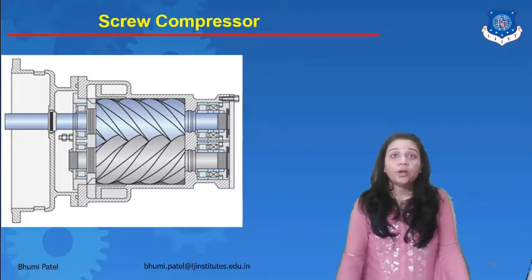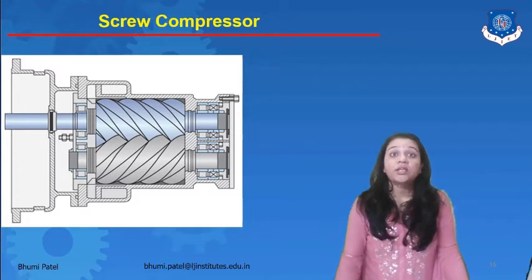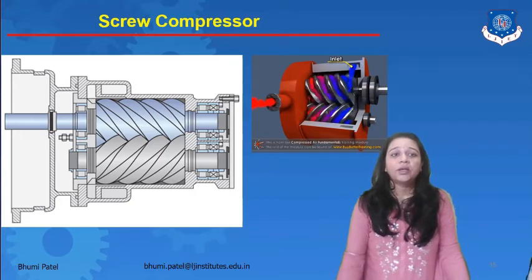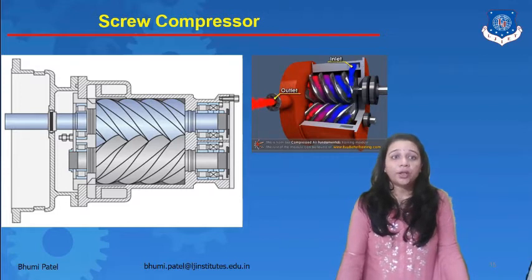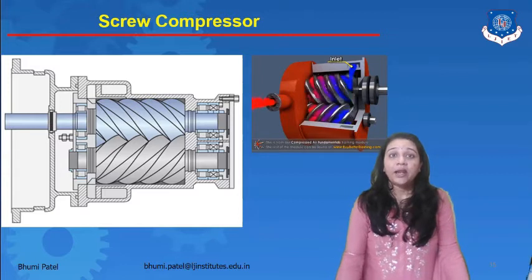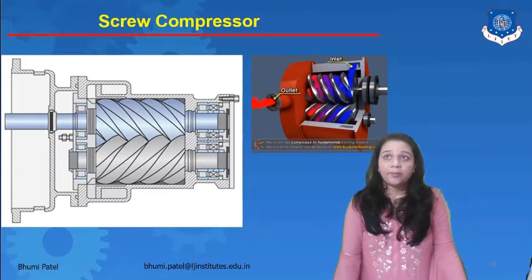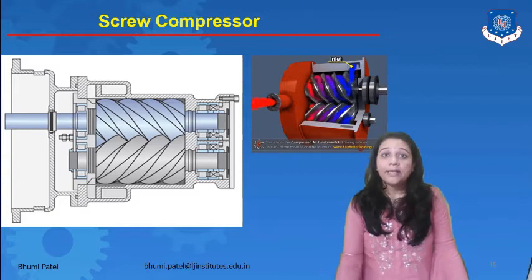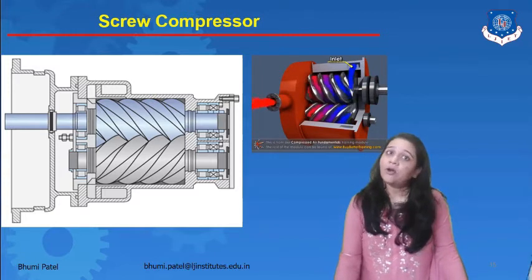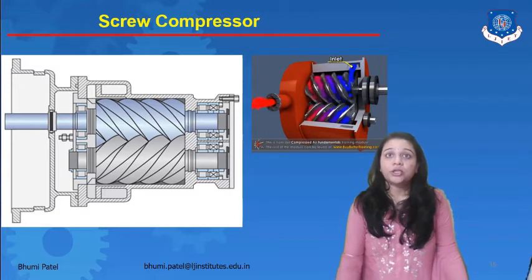Whenever oil is injected into the compressor chamber, it provides rotor lubrication and seals the compression. In most of this type of screw compressor, oil is removed in the air receiver or oil separator for reuse in the compression process.